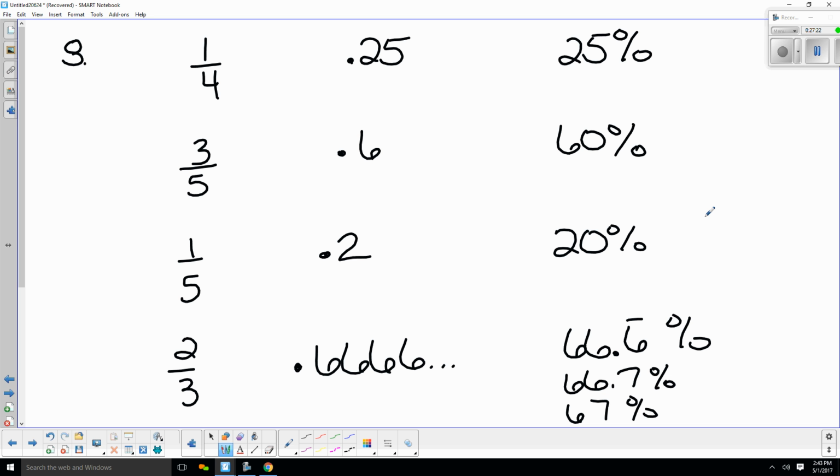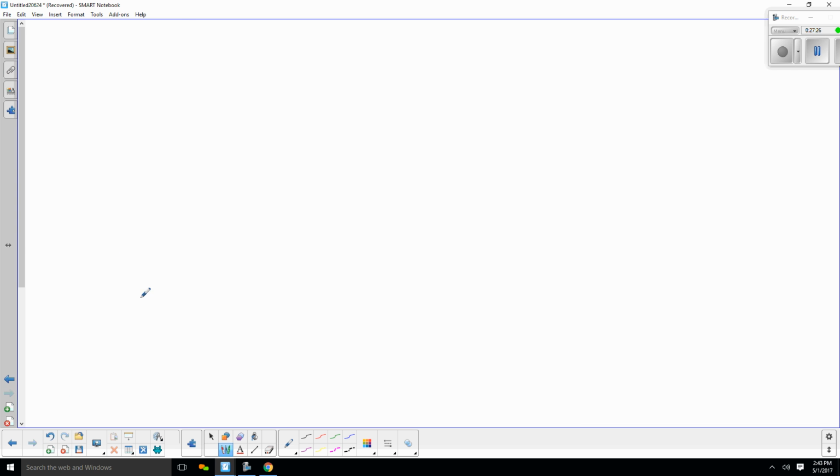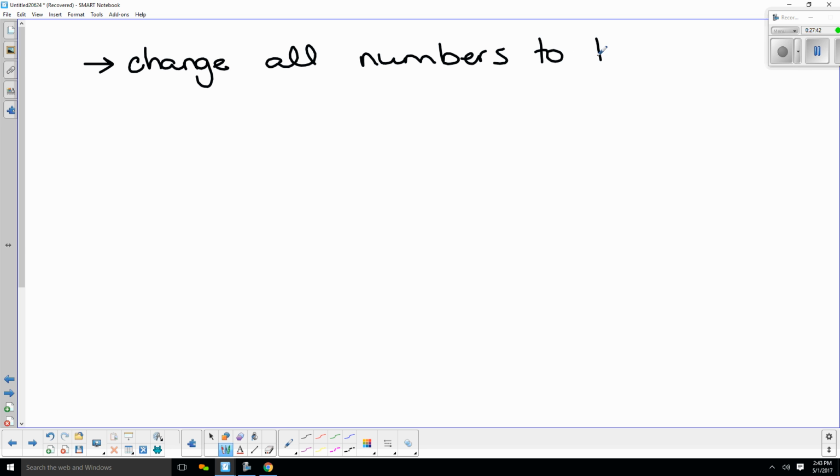Okay, next page. A few notes first. When it says steps for ordering rational numbers, the first thing you need to do is change all numbers to the same set or type.